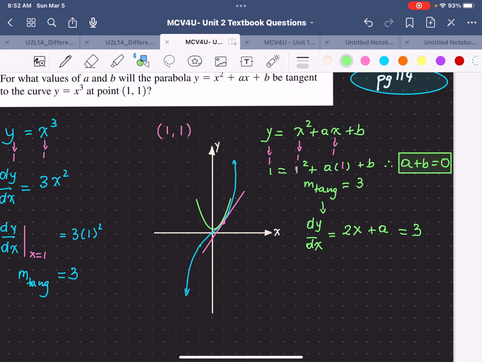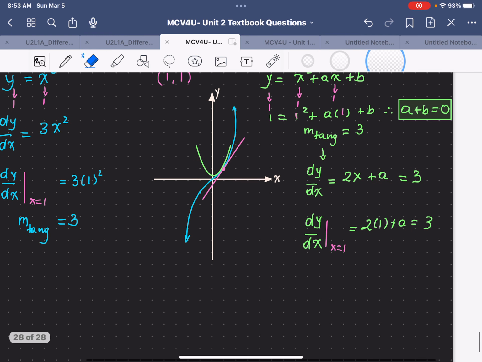Now, dy/dx, which is 2x plus a for the parabola, will have a value of 3, same as the dy/dx for the cubic function. So remember that we are measuring this dy/dx value at x equals 1. So at x equals 1, dy/dx would be 2 times 1 plus a, and that would be equal to 3.